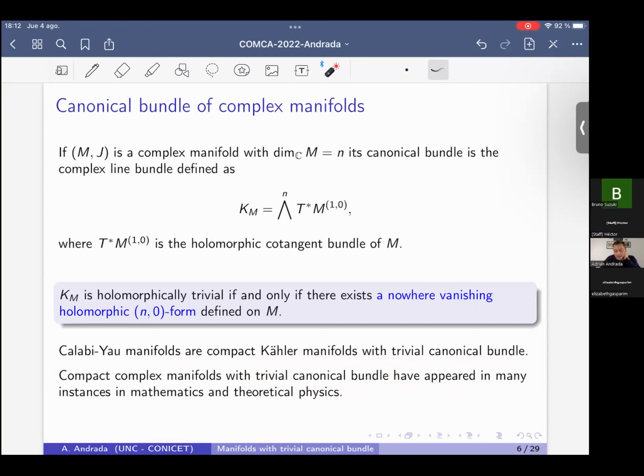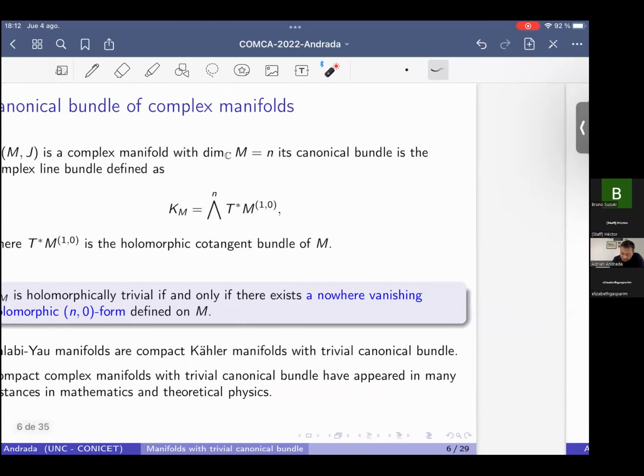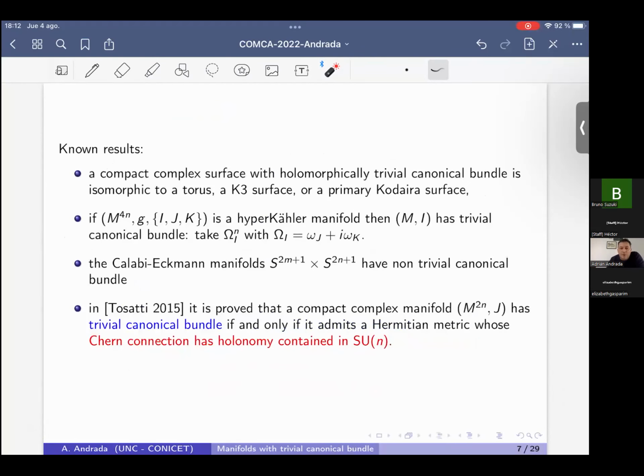So it's nice to have more results about these manifolds, and in this talk we will try to provide some new examples, basically. Some known results about these manifolds.